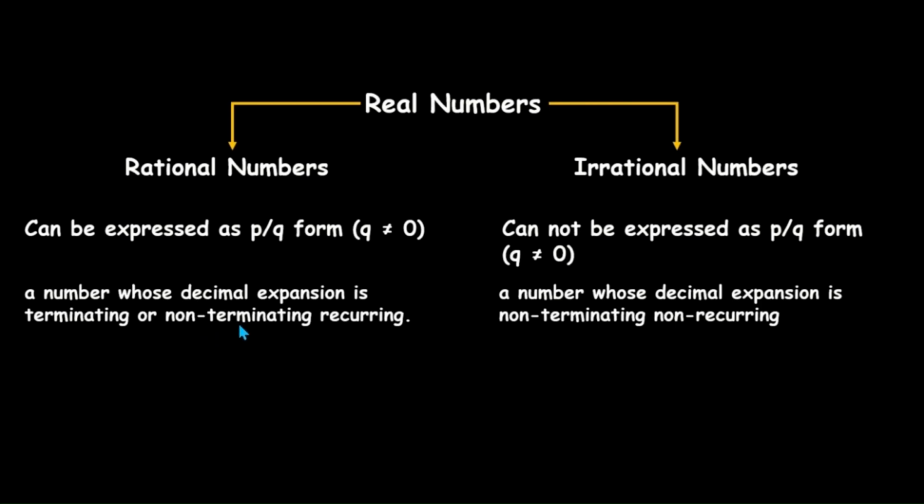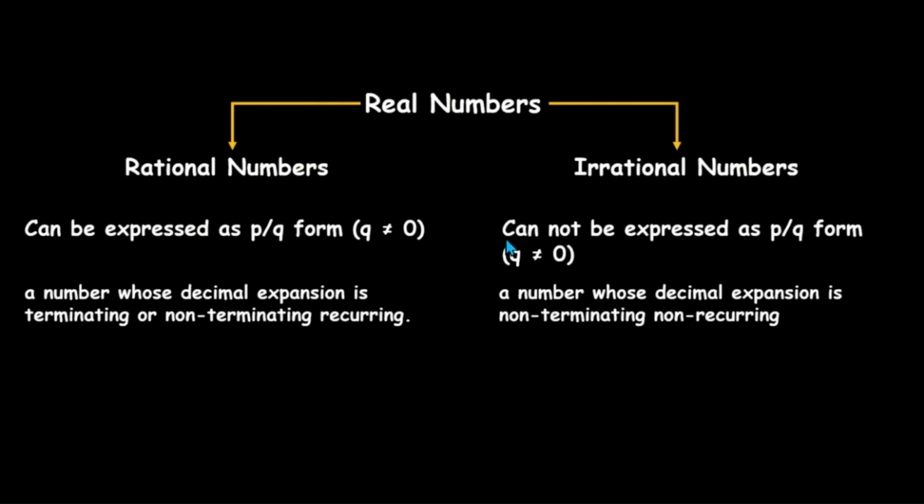And for non-terminating recurring type of decimal expansions, the remainder will never become 0 during the division, and the division keeps going on, and it never ends, never terminates. But a digit or a group of digits keeps on recurring or repeating. Now coming to irrational numbers.